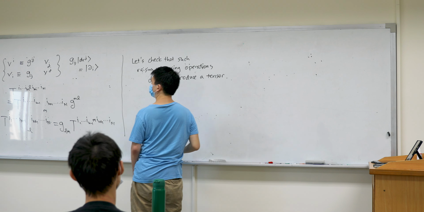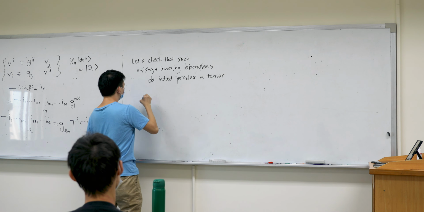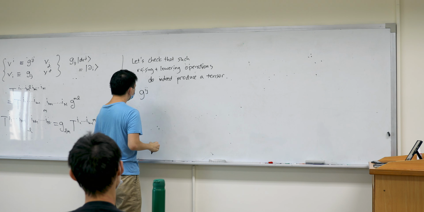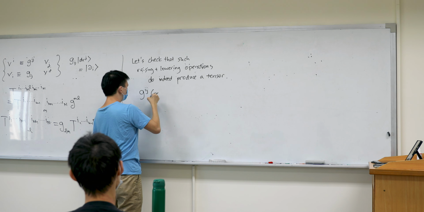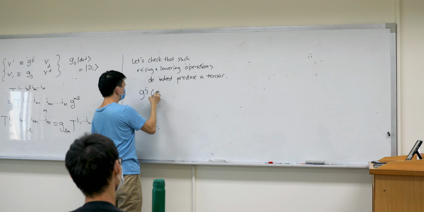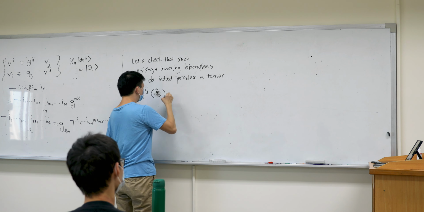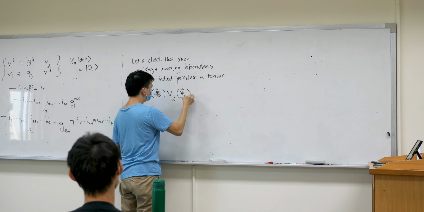Okay. So for example, let's look at the first line. So we have Gij, and let's start in the C coordinate system. Actually, it doesn't matter, right? So let's start in the C coordinate system, and I contract it with Vj downstairs in the C coordinate system.